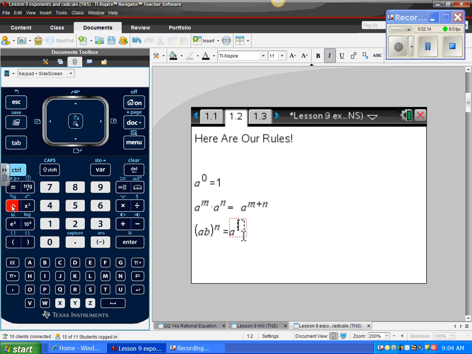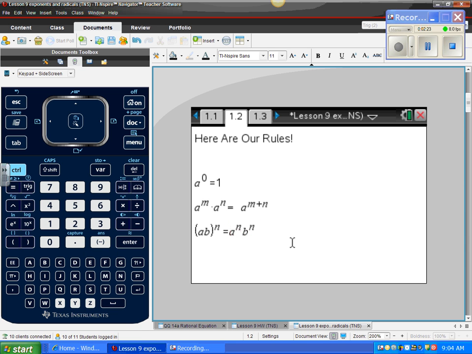So this becomes a to the n times b to the n. Okay. Doing okay so far? All right, next page.